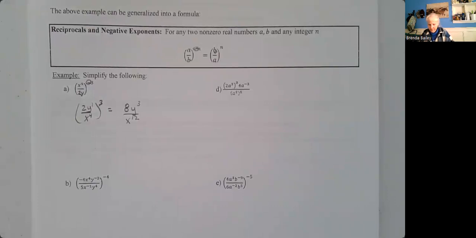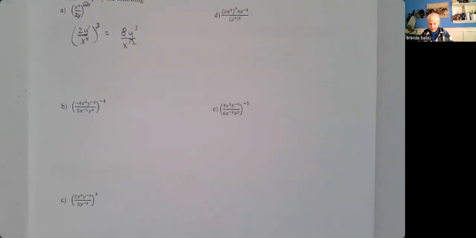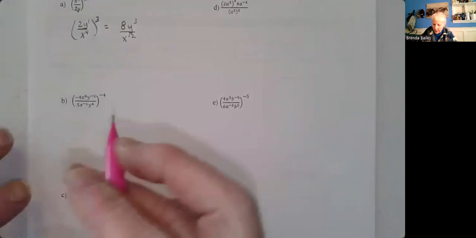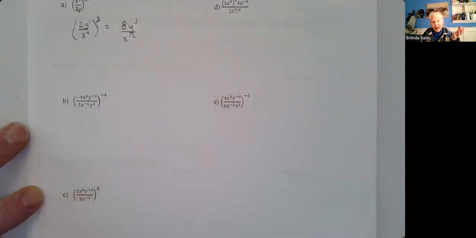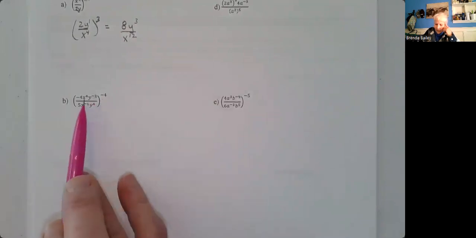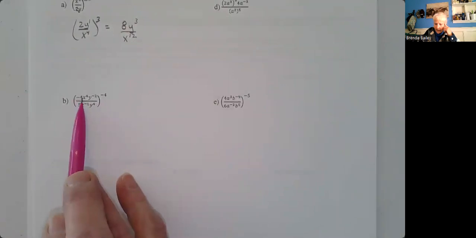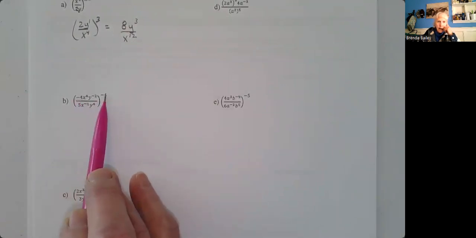Let's do another one. B. So again, I highly recommend that you simplify inside before you do anything else, before you even look at that -4 out there. You see this negative inside the parentheses? It is an even power on the outside.